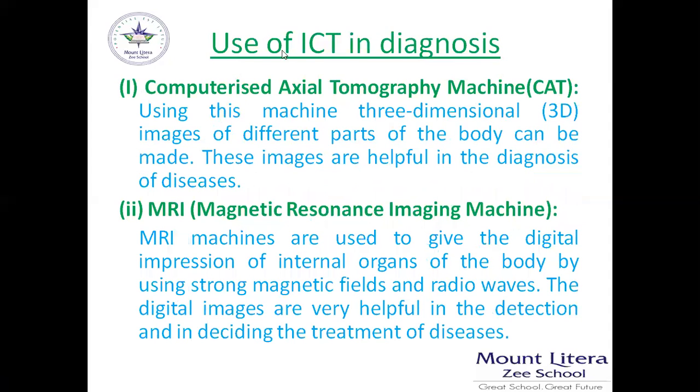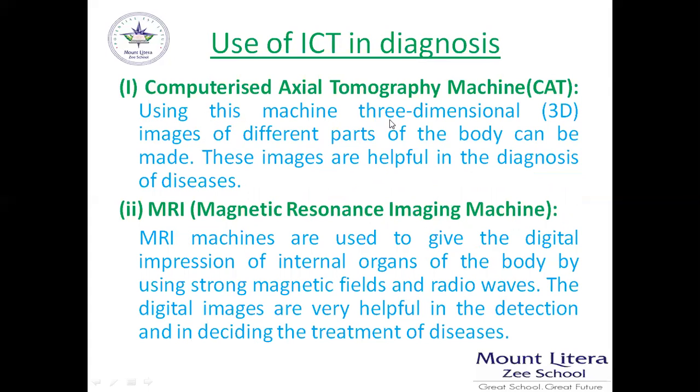So the first one is the computerized axial tomographic machine, in short form CAT. What are the uses of this machine?